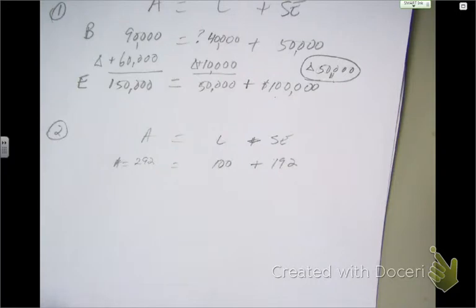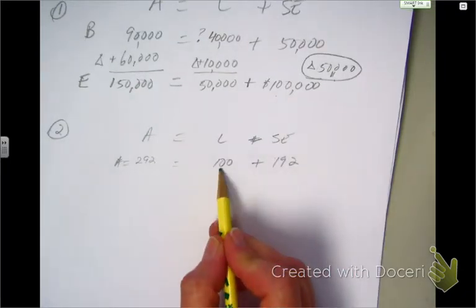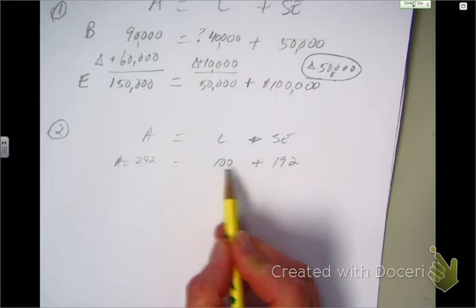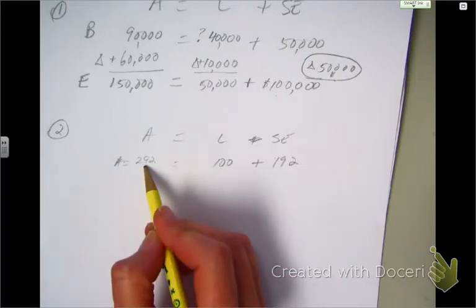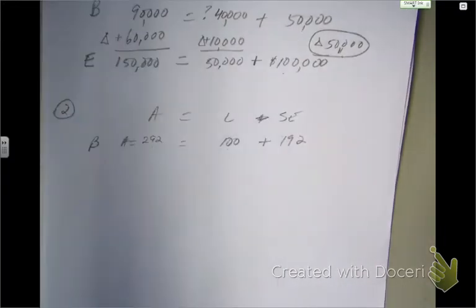SE6, number 2. At the beginning of the year, Alfredo Company had $100,000 in liabilities and $192,000 in stockholders' equity. So therefore, their assets at the beginning of the year were $292,000.